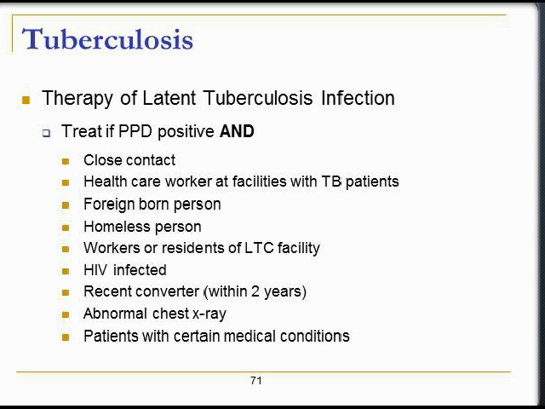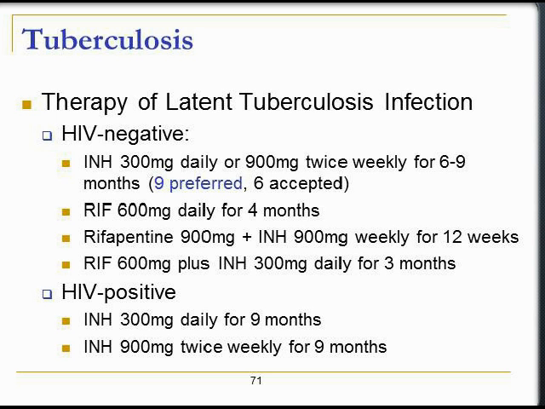So JM fits into that category, and his PPD is positive because it's more than 15. So he should be treated. And the recommended treatment for an HIV-negative patient is INH, either daily or twice weekly, for 6 to 9 months. 9 is preferred, but if you can get someone to take INH for 6 months, you're doing very good. So at least 6 months, although 9 is preferred.